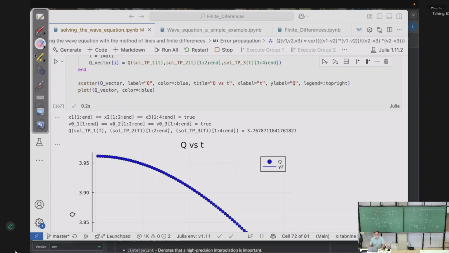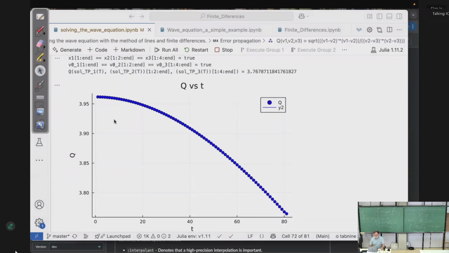And here is how it behaves. It starts close to 4, and then while the simulation is running, it goes down a bit. And this is because there is not only this error.